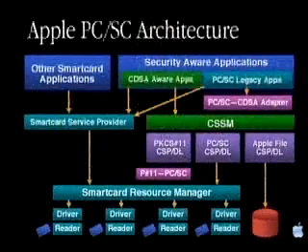Here's a complicated diagram with how this all fits together. You can see down at the bottom that the readers and the cards are down there. The idea is basically that you have the applications at the top, and if they're calling through these APIs, they don't really need to know any of the details. PCSC deals with all the resource management.